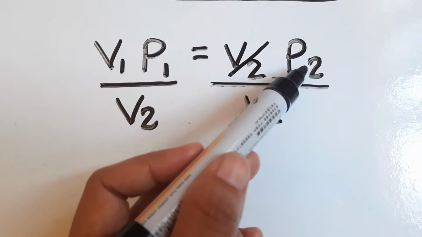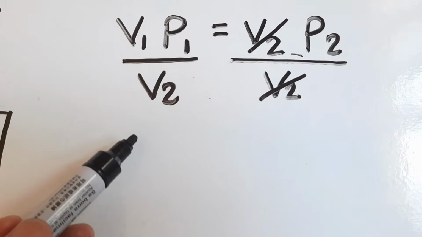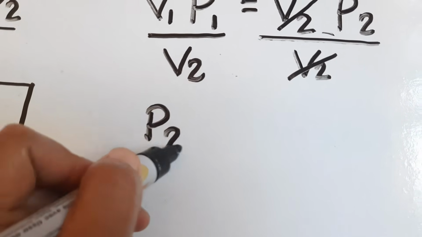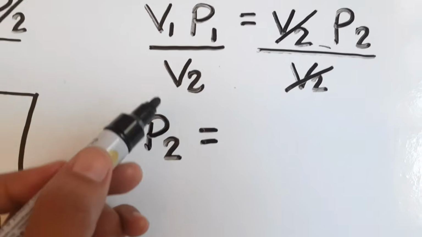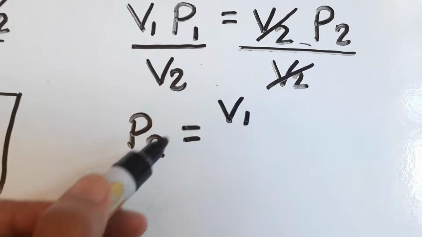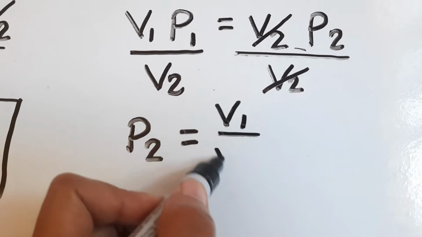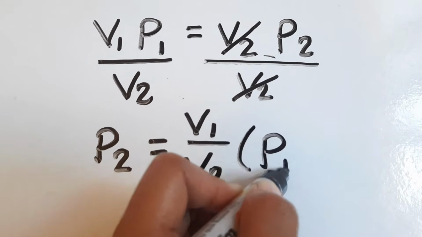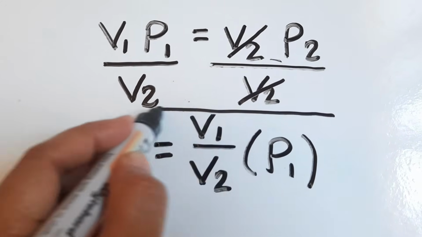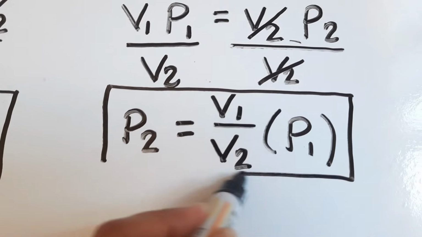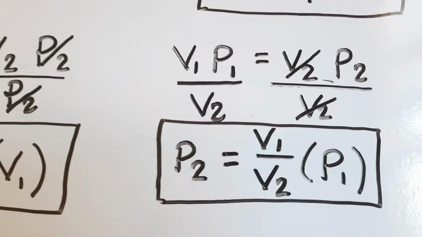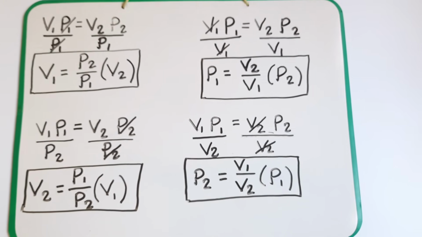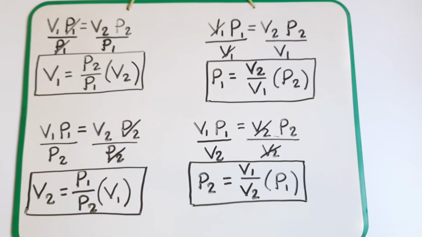Since we are looking for the value of P2, let us write the variable on the left side of the equation. So, P2 now is equal to V1 over V2 times P1. So, this is now our equation for P2. So, all in all, these are the derived equations for Boyle's law.